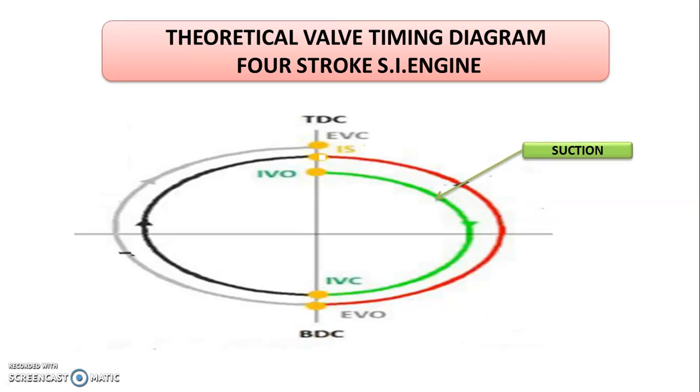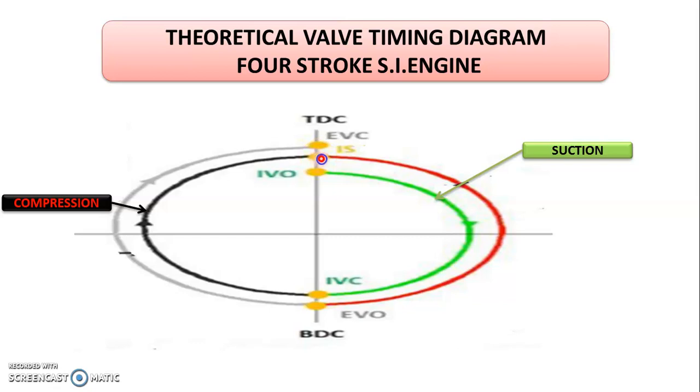After suction, whatever charge has entered the cylinder will start to compress when the piston starts moving from BDC towards TDC. Whenever the piston exactly reaches TDC, the compression stroke will be completed and the spark plug will initiate the spark, due to which the compressed mixture will get ignited.